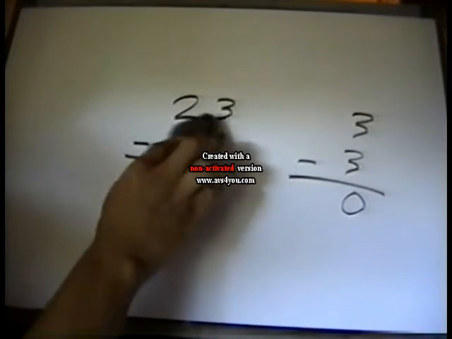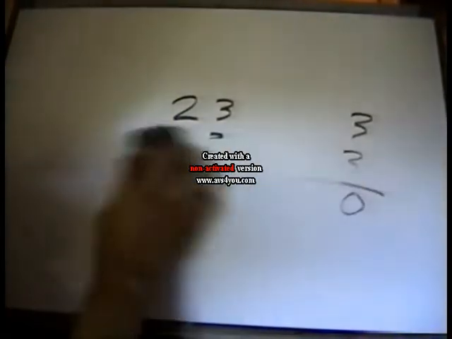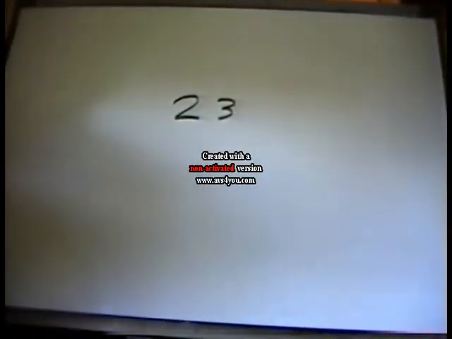And we work vertically. So here, 2 minus 0, we act as if there's a 0 here. 2 minus 0 is 2. Or 2 minus nothing is 2. So we get 20. Okay?